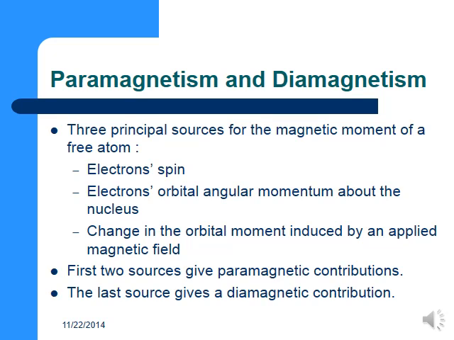When we hear induced, we're seeing Chapter 29 topics, electromagnetic induction, where a current will be induced to oppose the change in magnetic field. The first two sources give us paramagnetic contributions. The last source, the electromagnetic induction type source, gives us a diamagnetic contribution, or it opposes any field that's brought near.